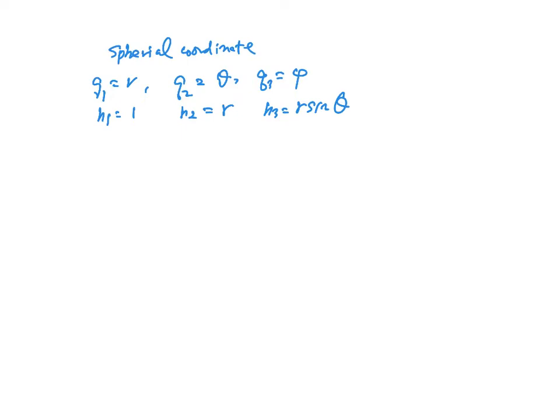So curl F. So first coordinate Q1 is R, 2, 3, H2, H3 is R times R sine theta. So R squared sine theta, right?